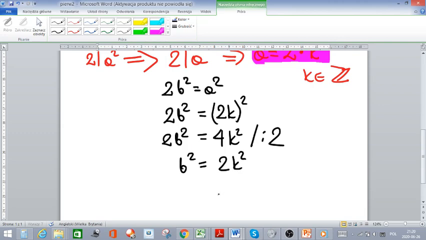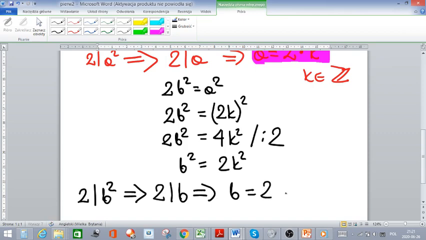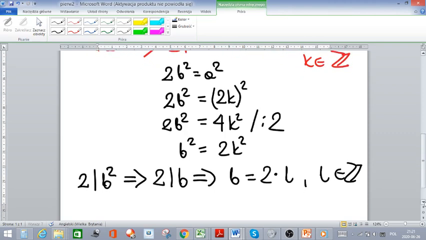Okay, and now we've got a very similar situation to what we can see above. So we've got the same 2, it is dividing b squared, and another implication is that 2 is a divisor of b, and that implies that b equals 2 times something, and now we can say the next letter in the alphabet is L, and L is again an integer.